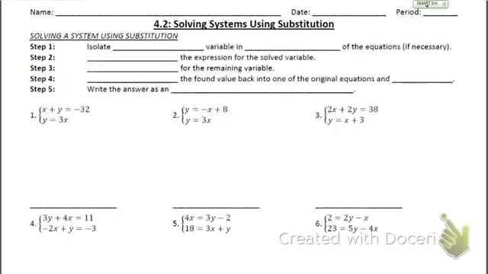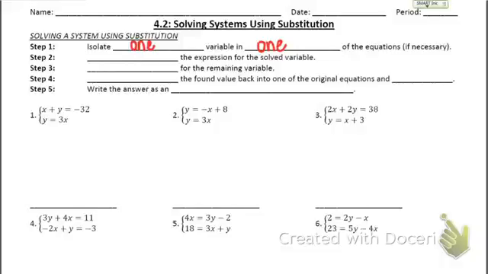So to solve a system of equations using the substitution method, we are going to start by isolating one variable in one of the equations if necessary. The system might not be set up as nicely as the example that I just gave you, where the variable already says y equals.